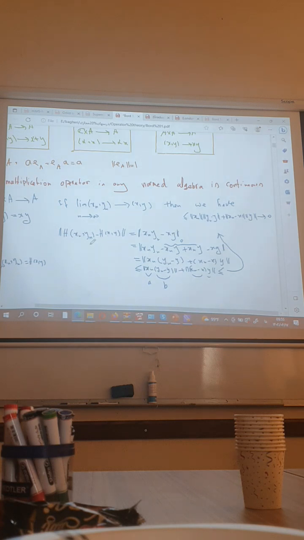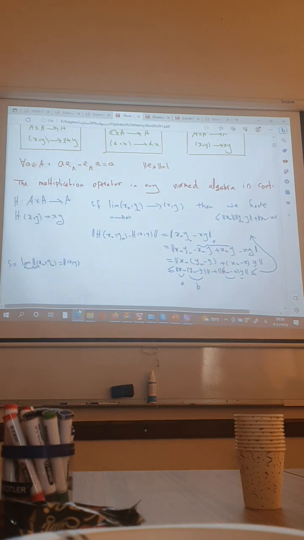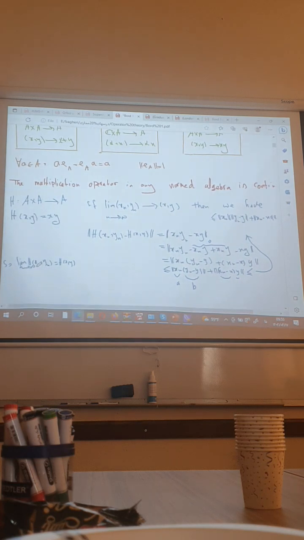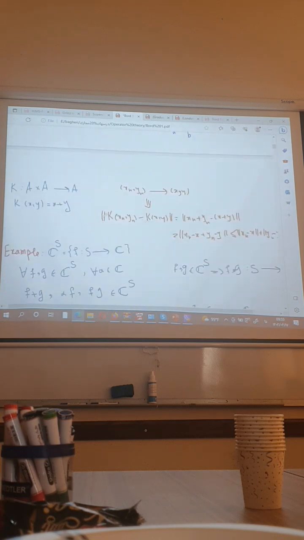So the limit of this subtraction converges to 0, so the limit of h of xn and yn equals h of x and y. And also the other operations are continuous. The operations of plus, multiplication, and scalar multiplication are all continuous.